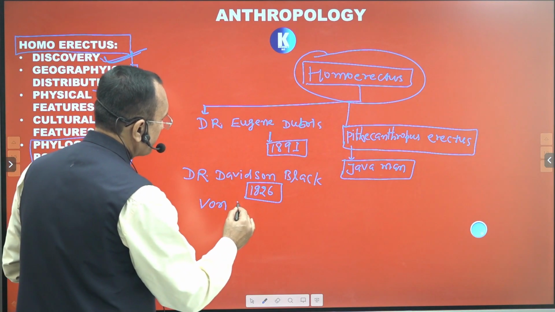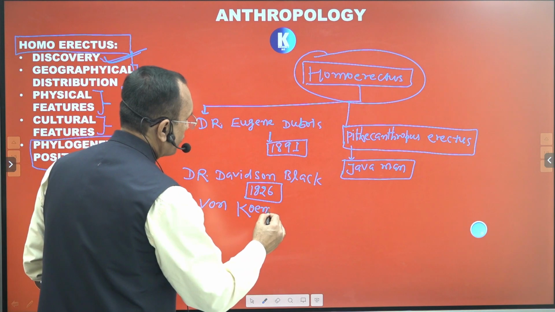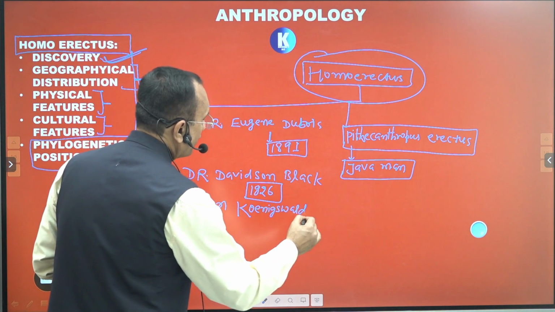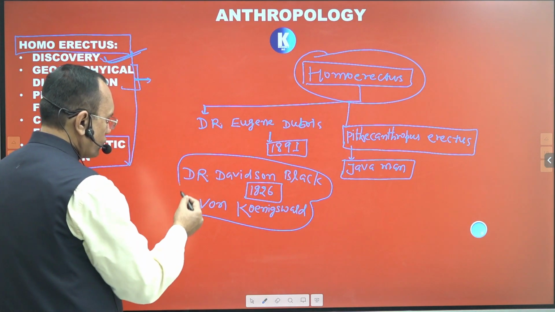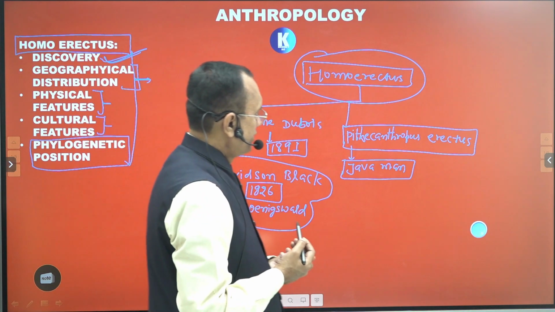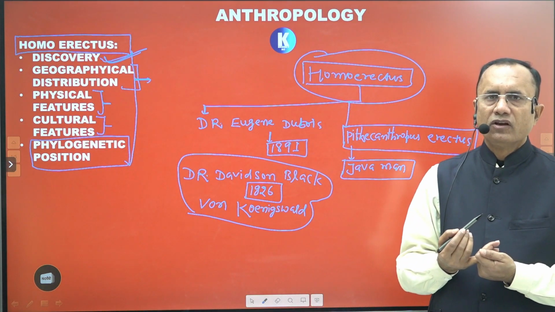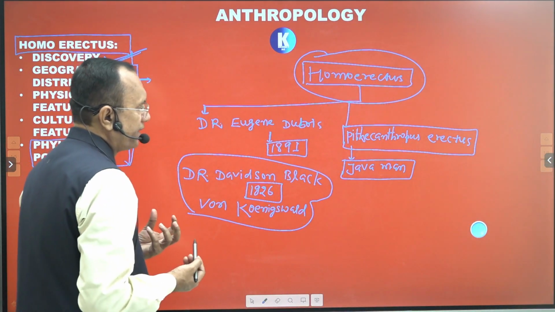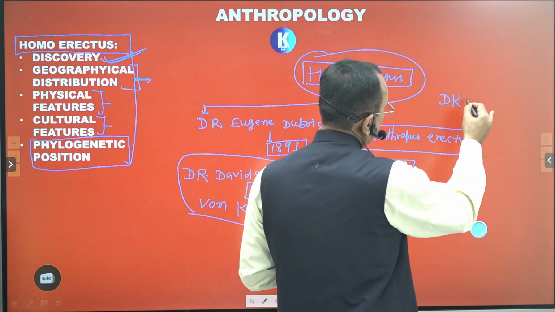Then von Koenigswald also discovered fossils related to Sinanthropus from China, right? And if you talk about the fossils discovered by Dr. Arun Sonakia, right?